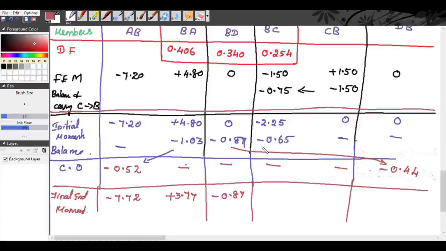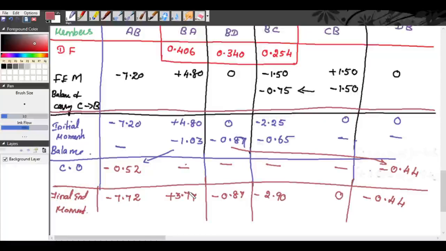Minus 2.25 minus 0.65, we get minus 2.90. 0, minus 0.44, we get minus 0.44. See, you add all these things, plus 3.77 minus 0.87 minus 2.90, totally you get 0. You add these, you will get 0.